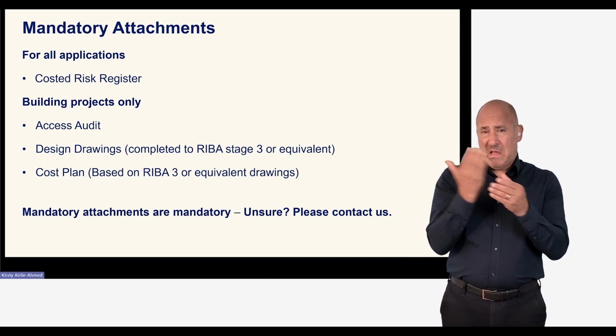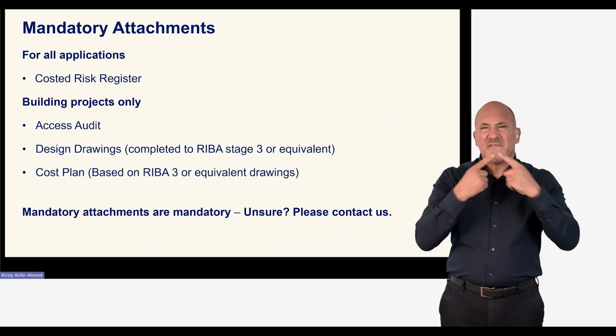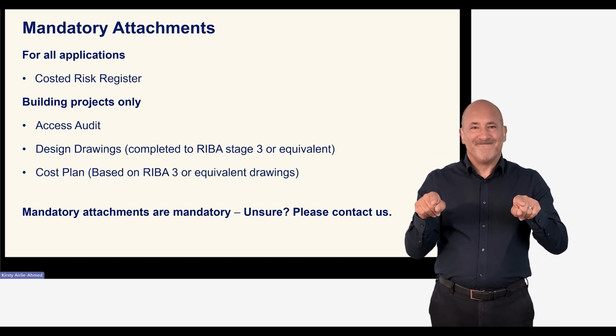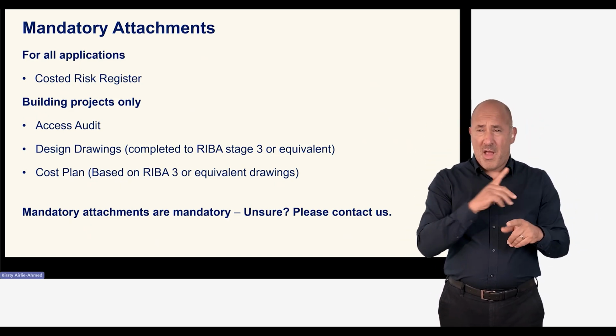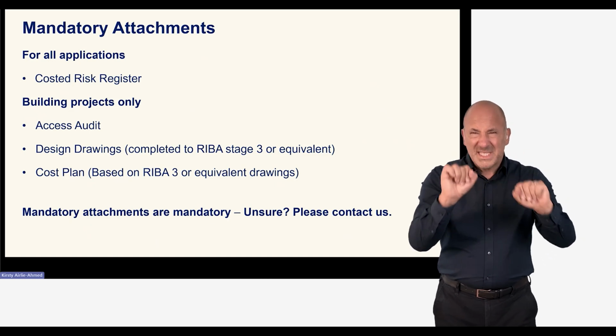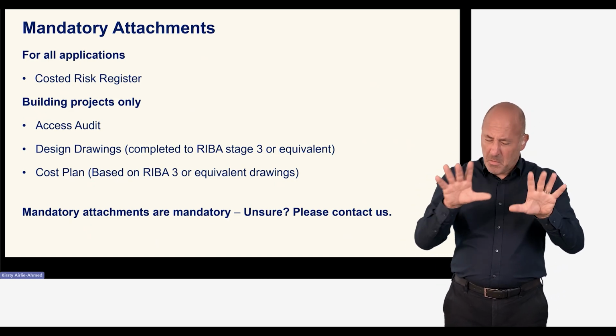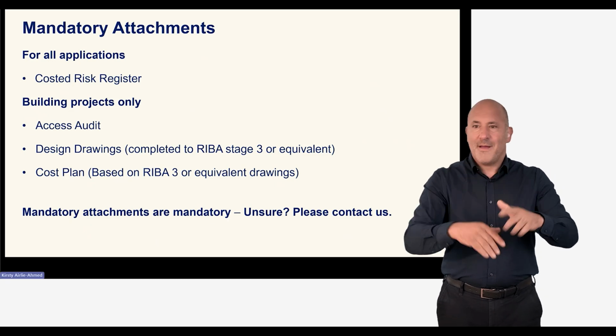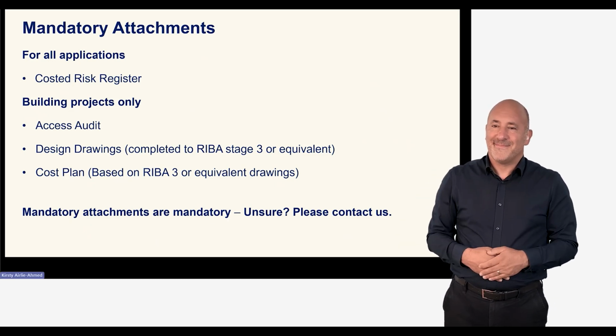We use these documents to help us understand and clarify the information you have provided in the narrative. They are essential to helping us form an understanding of your project, so it's important to get these right. We'll cover these in more detail later in this video.